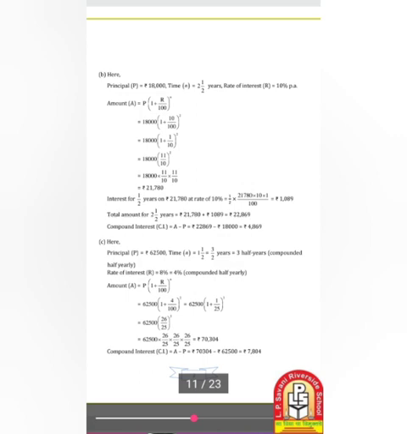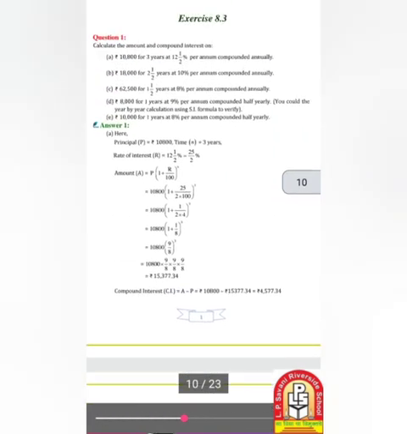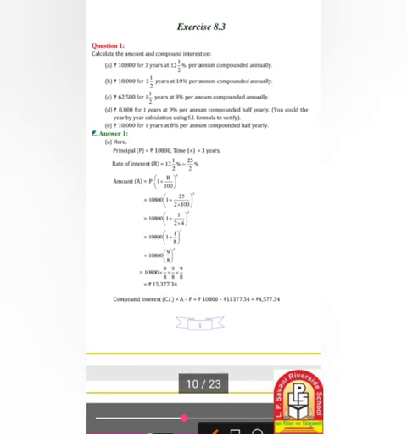Then next question, in the next third question: 62,500 for 1 and 1 by 2 years at 8% per annum compounded annually.